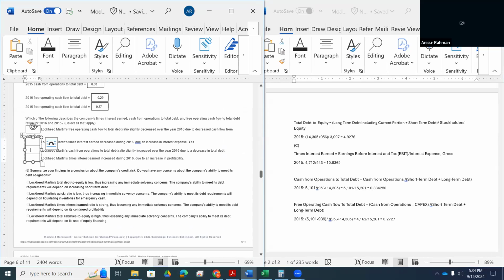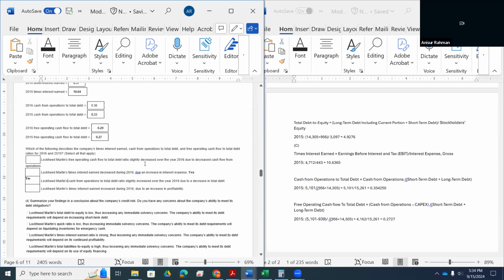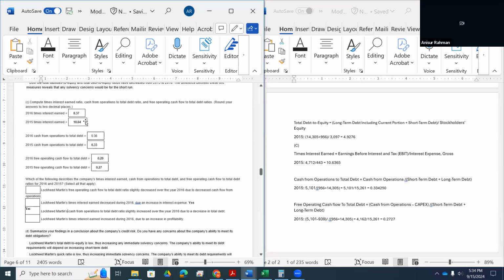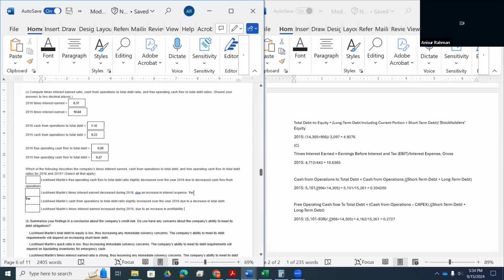I'll write down here. Finally, Lockheed Martin's times interest earned increased during 2016. It actually decreased. So that is not true.